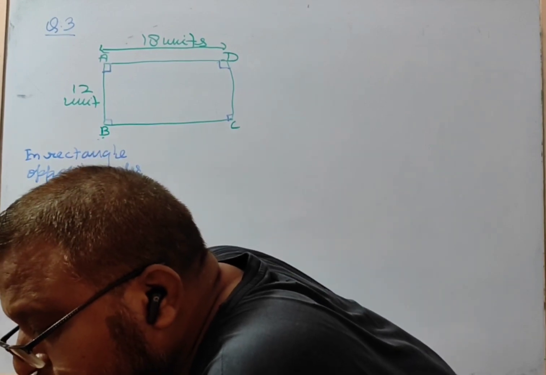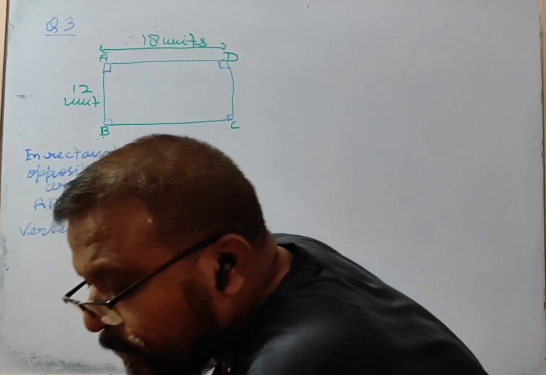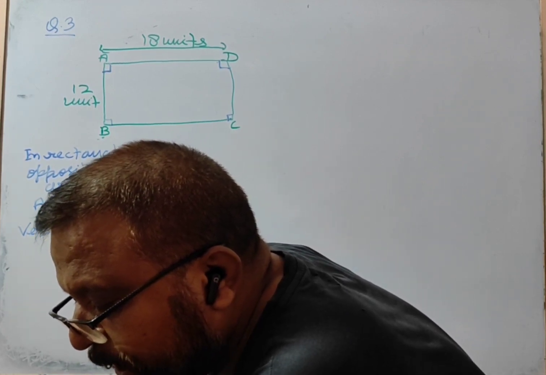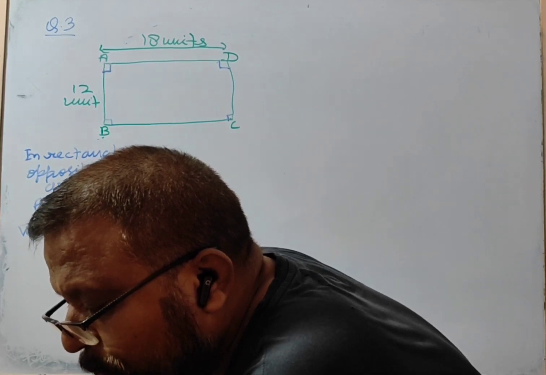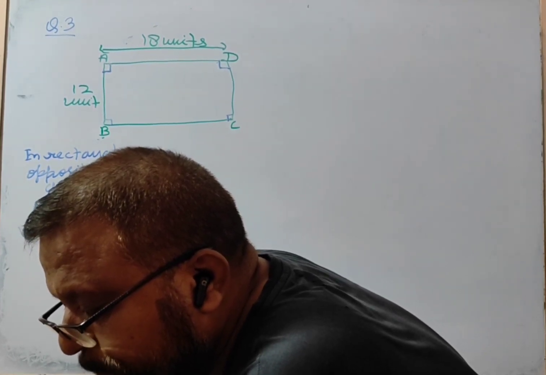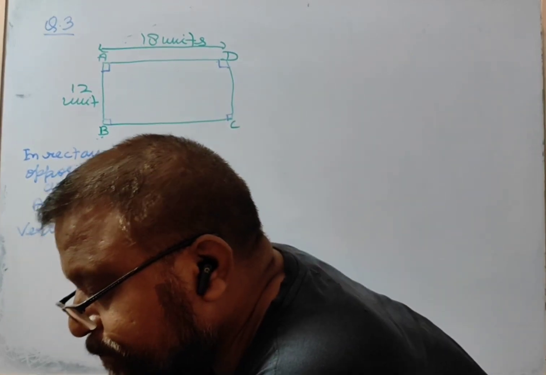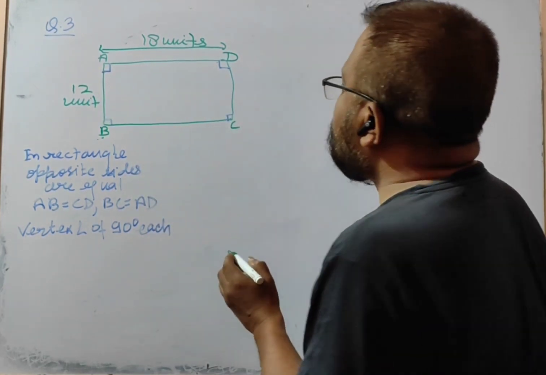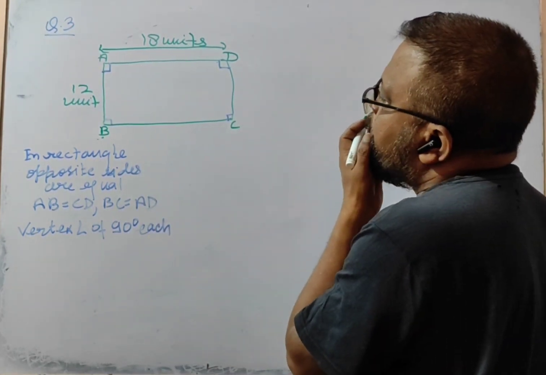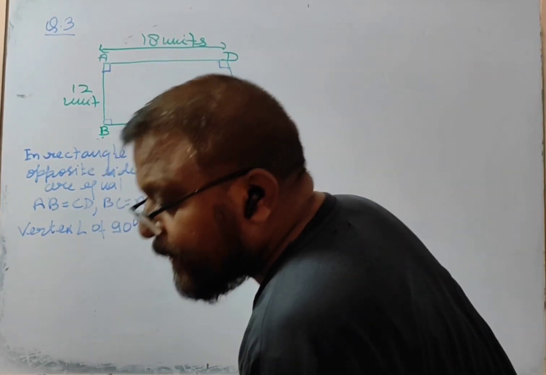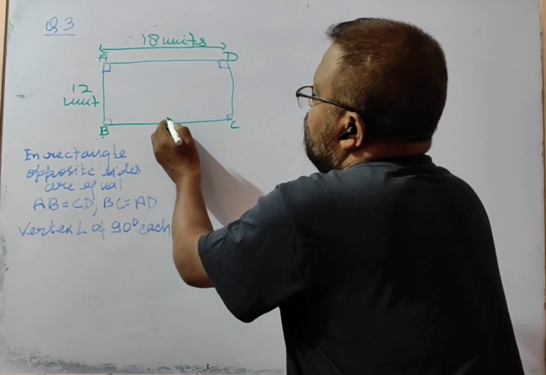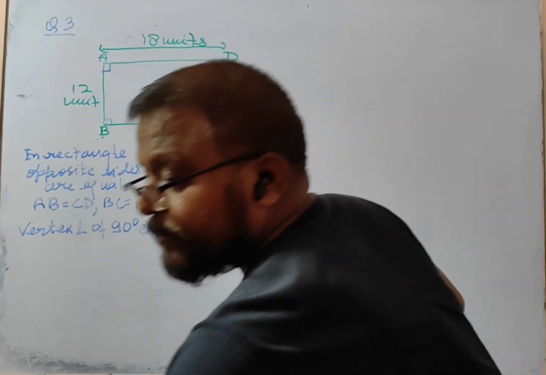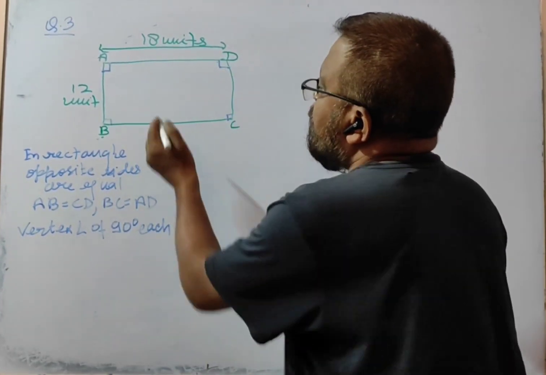Let the folded line be EF, to make vertex A coincide with vertex C. So it gets folded. When you fold it, a line EF is formed.